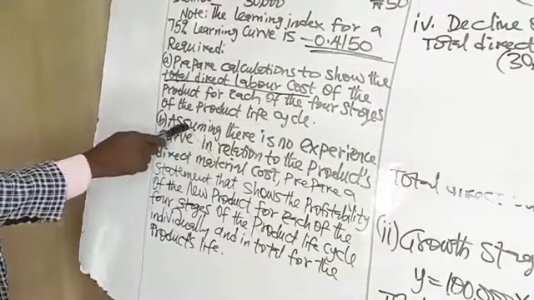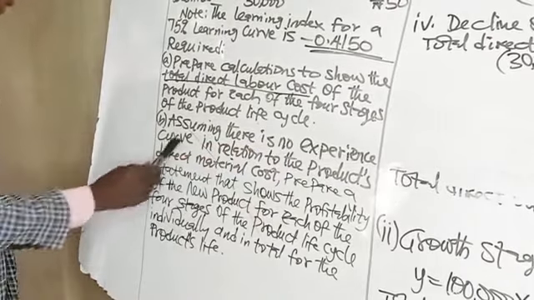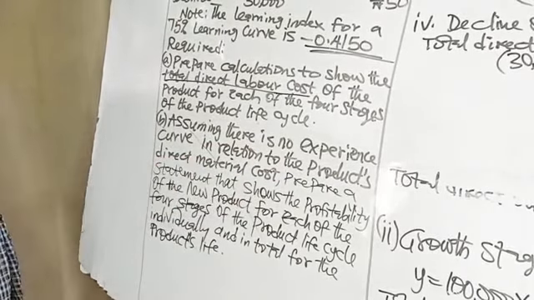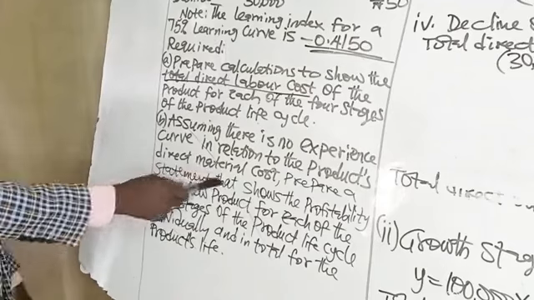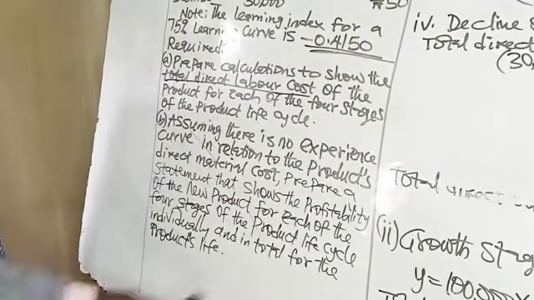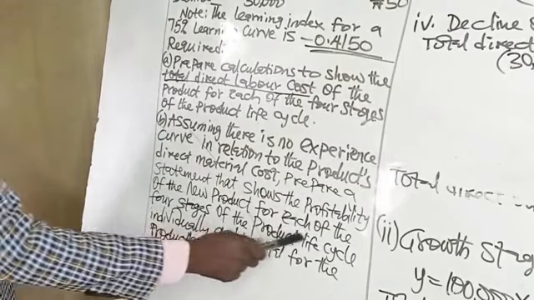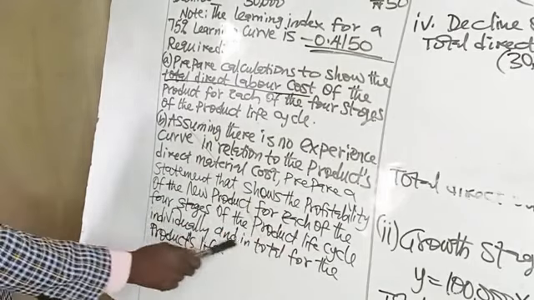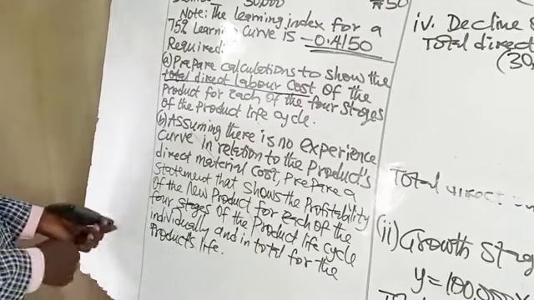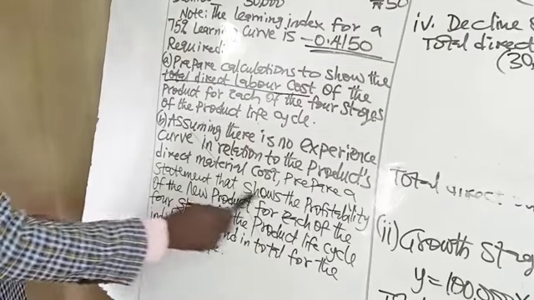B, assuming there is no experience curve in relation to the product's direct material cost, you have to prepare a statement that shows the profitability of the named product for each of the 4 stages of the product life cycle, individually and in total for the product life. Now, you want to prepare the profitability statement.